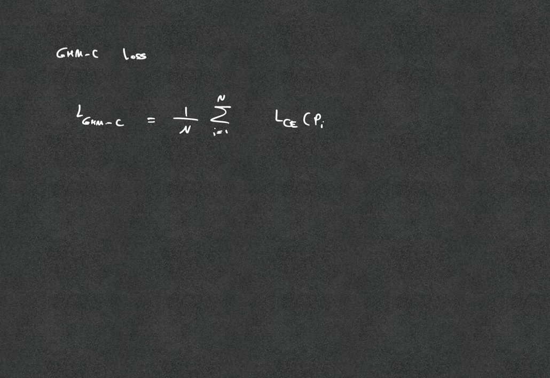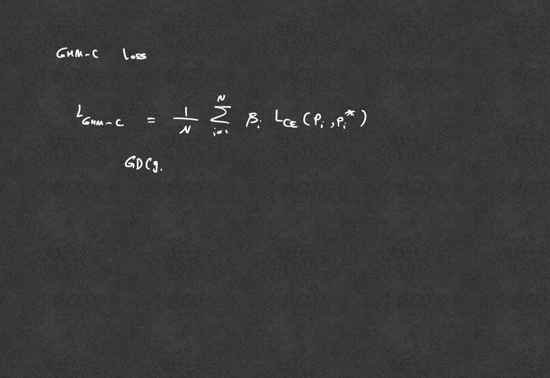Now let's go over the GHM-C loss. The gradient harmonizing mechanism C loss is defined like this. You have n examples, so as usual, you have to average over these. And for each example, you have the cross-entropy loss between p_i and the ground truth. Now this time you also multiply it by this as well. If you think about this, consider the very easy examples.